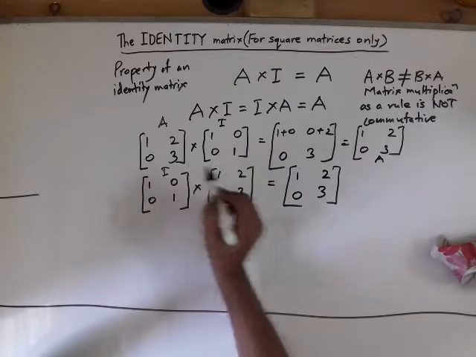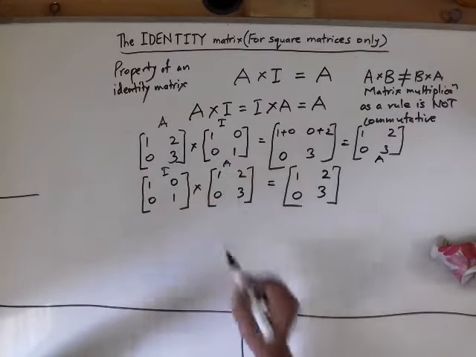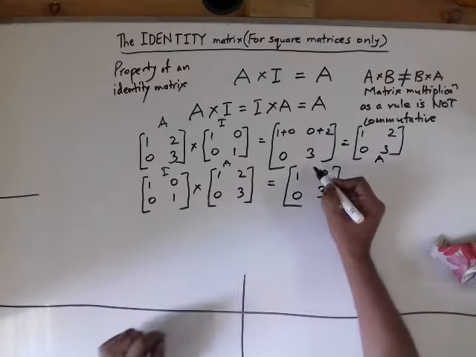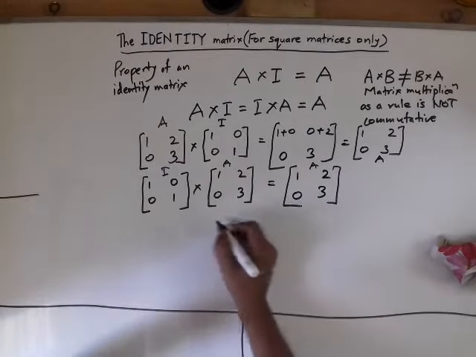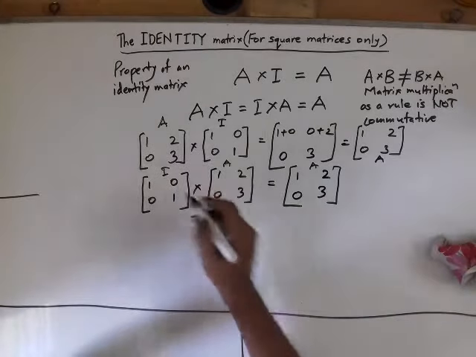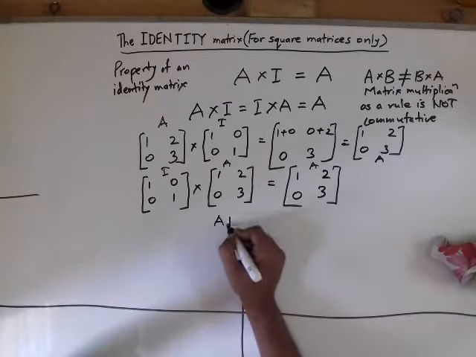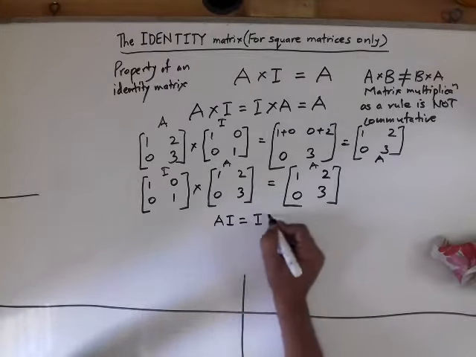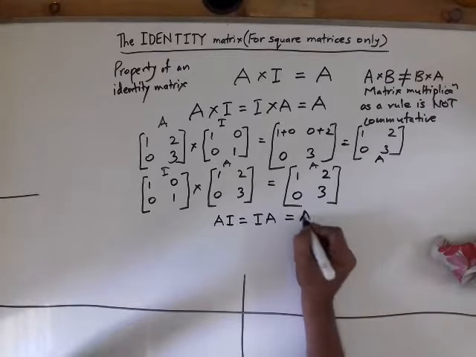So this was I into A, and it's actually given us A. So we just demonstrated, at least for one matrix, that AI equals IA equals A.